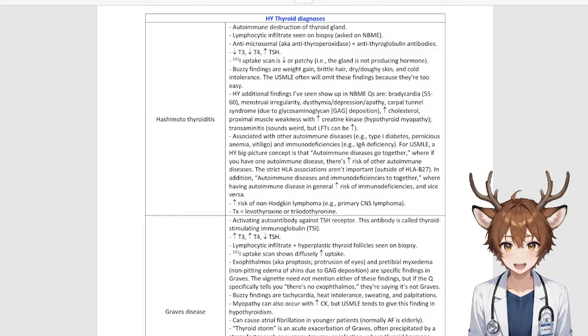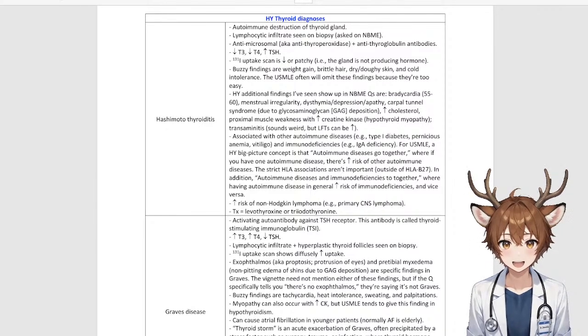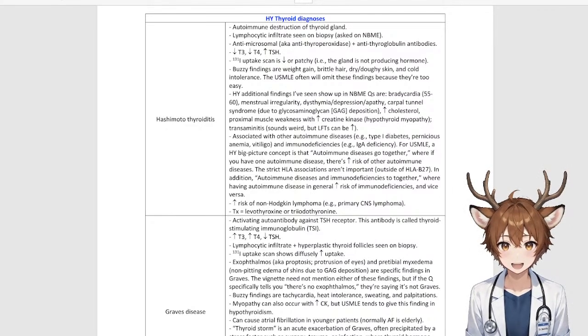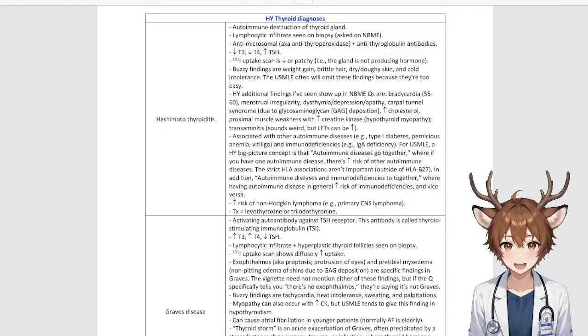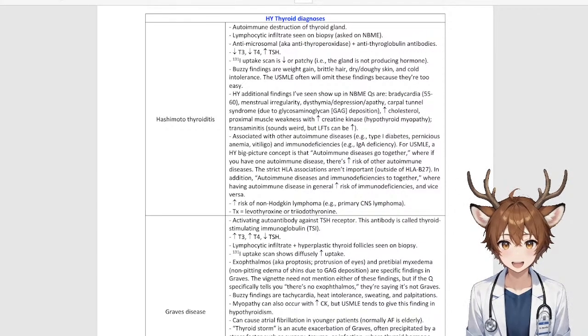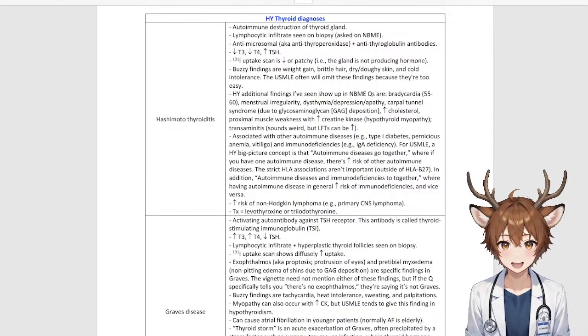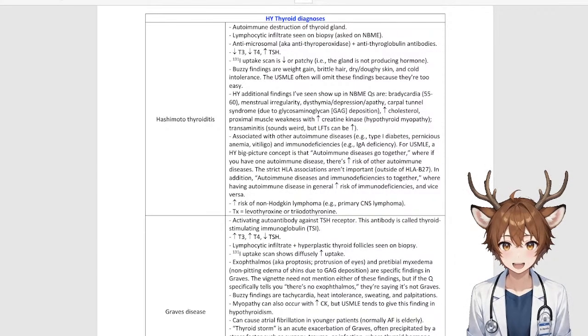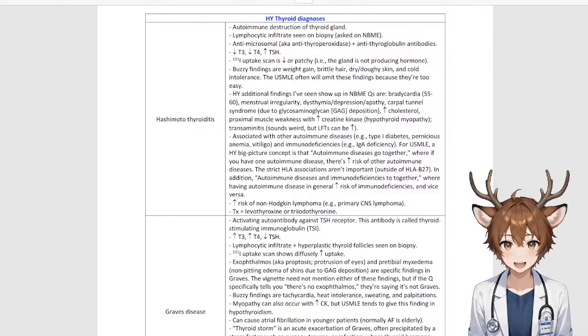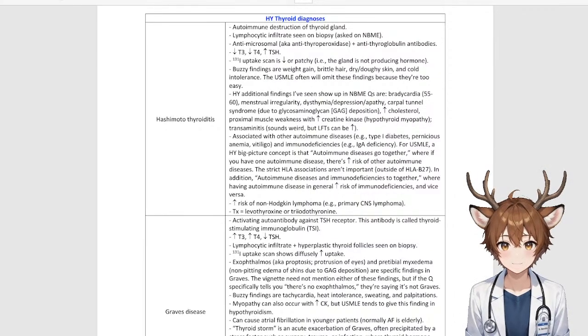In addition, autoimmune diseases and immunodeficiencies go together, where having an autoimmune disease in general increases the risk of immunodeficiencies and vice versa. So, elevated risk of non-Hodgkin lymphomas, that is to say primary CNS lymphoma, and treatment is levothyroxine or triiodothyronine.